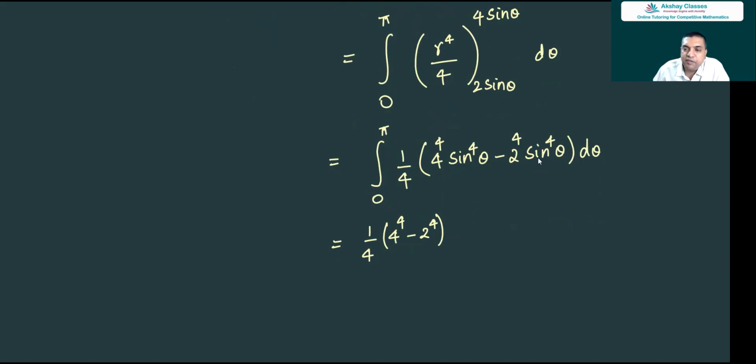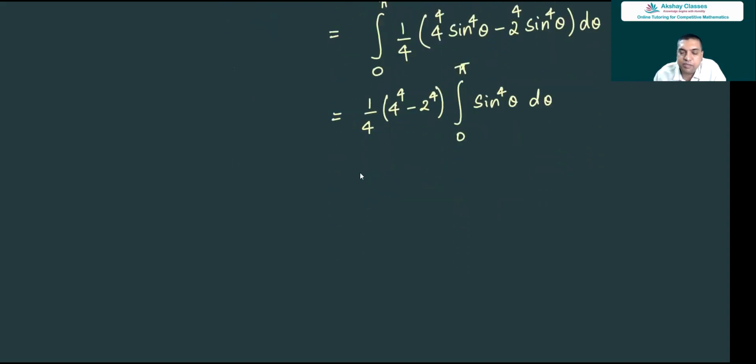Sine power 4 theta, if you take common, we get 4 power 4 minus 2 power 4, 0 to pi sine power 4 theta. How do we evaluate this? We'll have to use the Wallis expression. So 1 by 4, 4 power 4 is 16 into 16, 256 minus 16, that is 240.